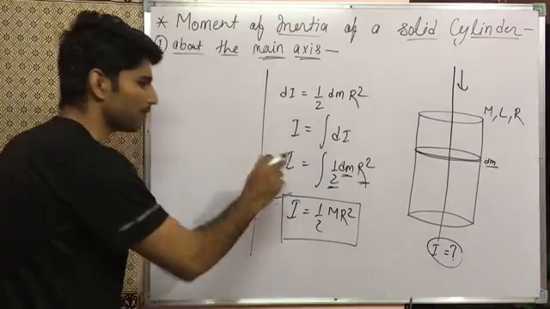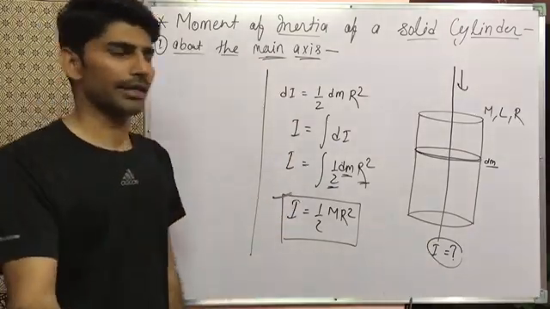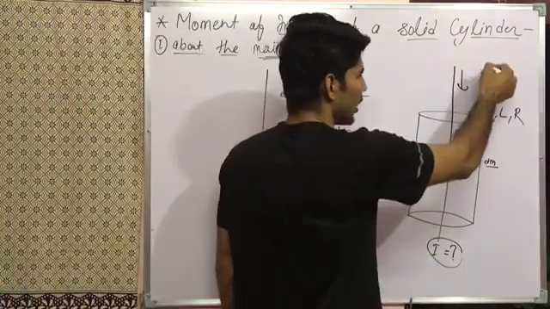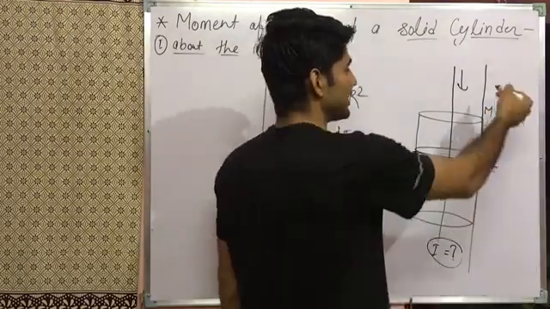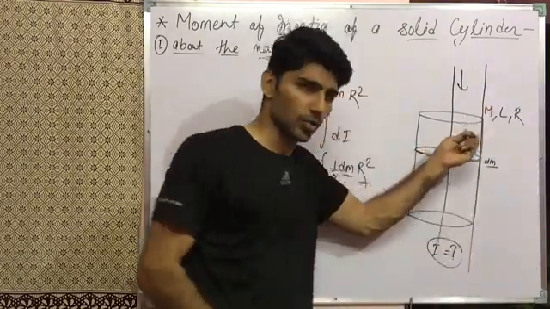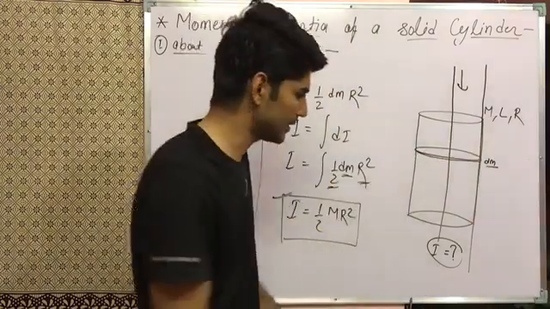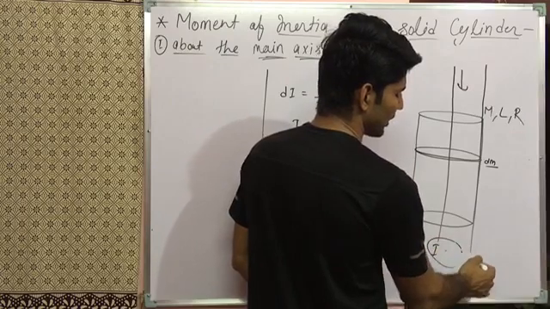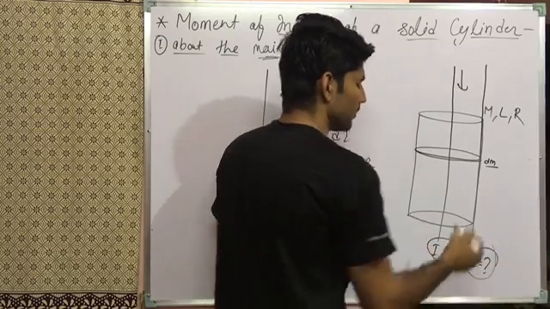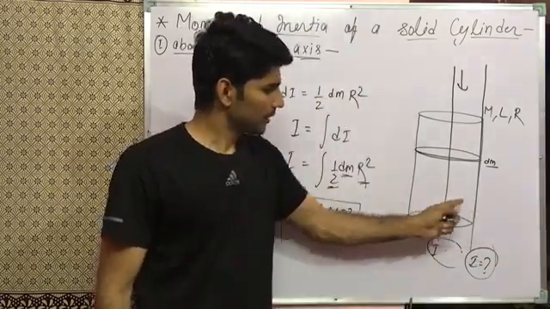Here in the first case, I can take one more case, the moment of inertia about this axis. So this is the axis perpendicular to the cross section area and along the tangent. So here I can derive the moment of inertia by using this axis.